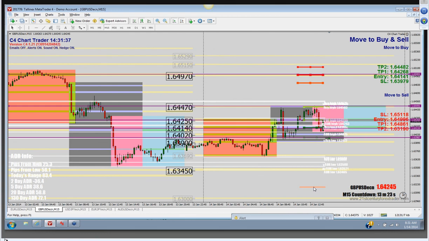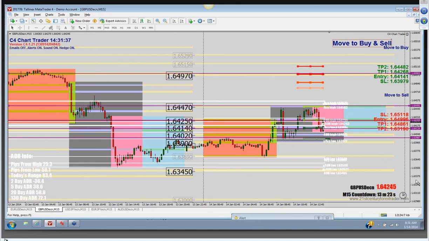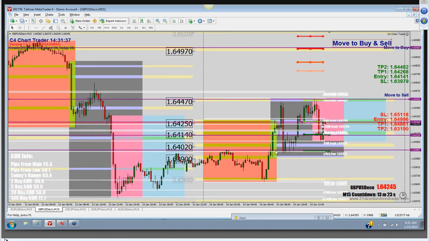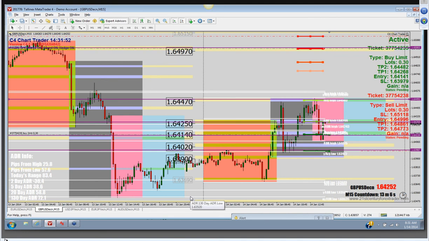Keep those fairly tight. And there we go. And we move to buy and sell, and voila, we are in the market. So that just took us a couple of minutes. Now you can see if we're not kind of talking through every bit of it, it just takes a couple of minutes to do the analysis and place your trade.